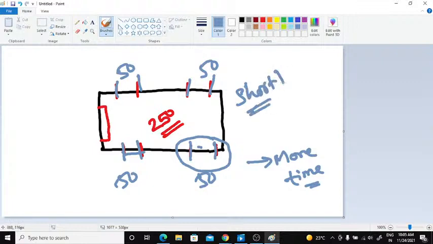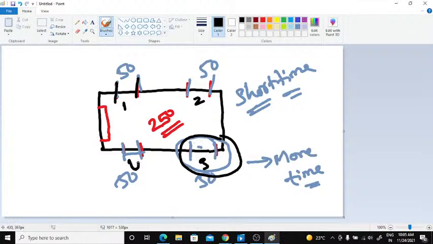Here we rearranged the doors. Initially there was only one door. Now there are four: one, two, three, four. So it takes less time.